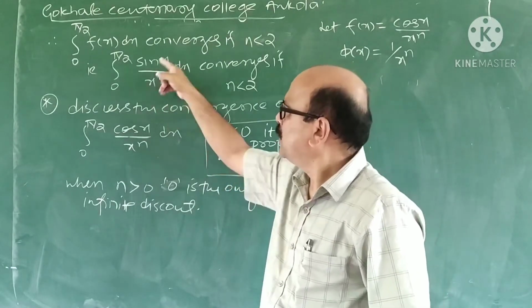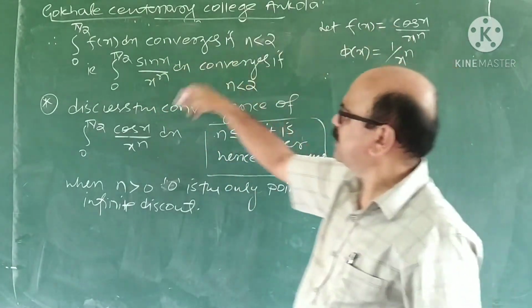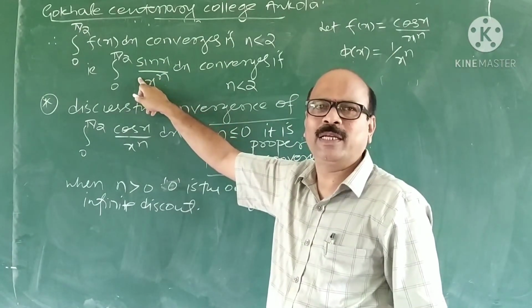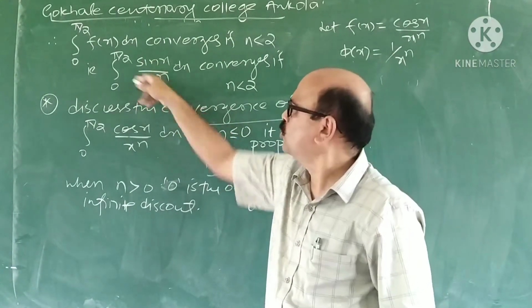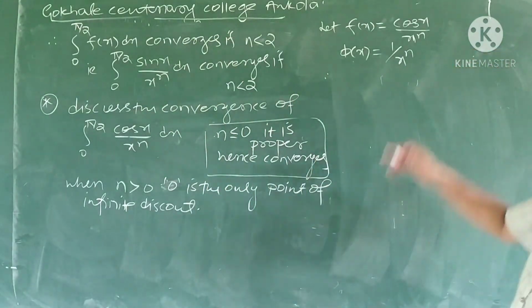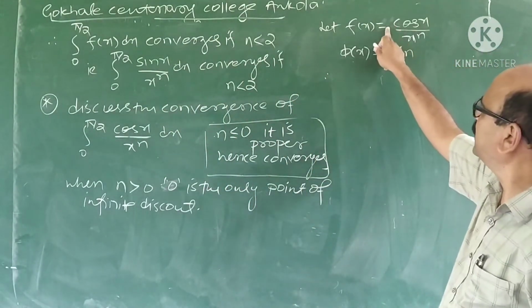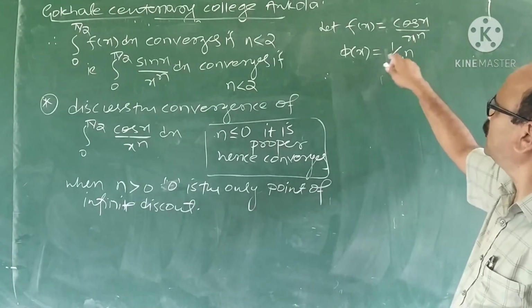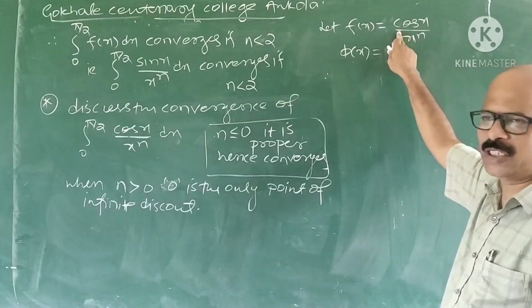This is because when the limit of f(x) by phi(x) as x tends to 0 must tend to a finite limit other than 0. This should not be 0. If it is 0, we cannot apply the comparison test. That is why we have taken, in this case, cos x by x raised to n and 1 upon x raised to n, because f(x) by phi(x) becomes cos x.